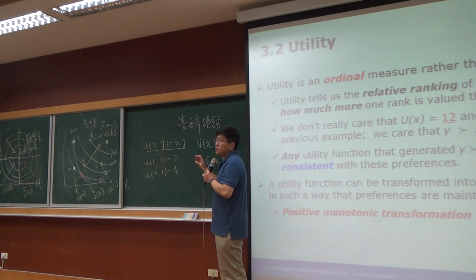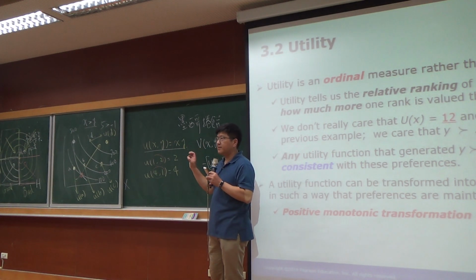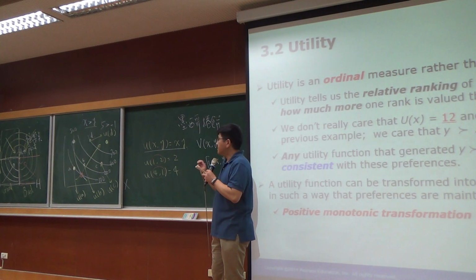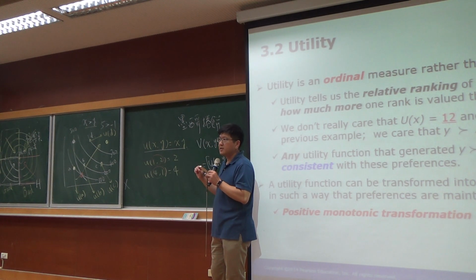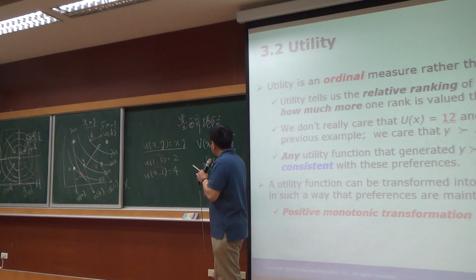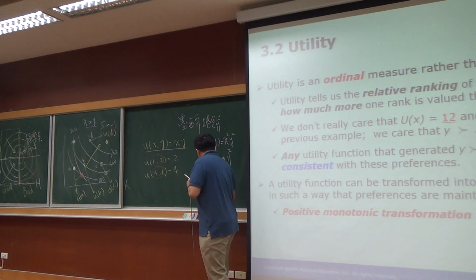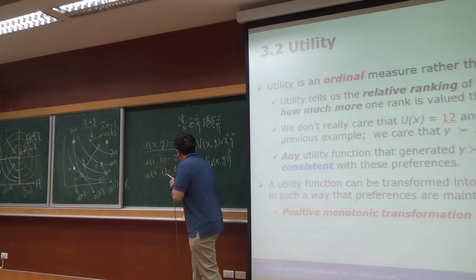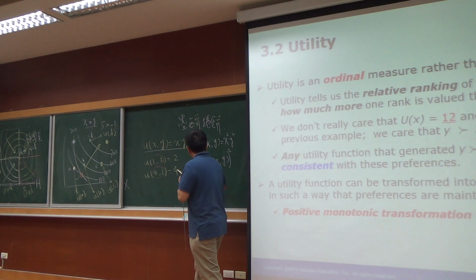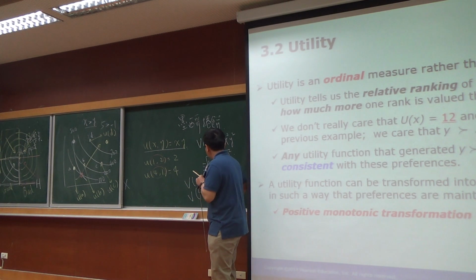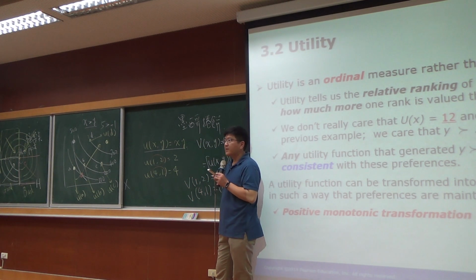So to take a square is a positive monotonic transformation, which means V12 equals 4 and V41 equals 16, right?